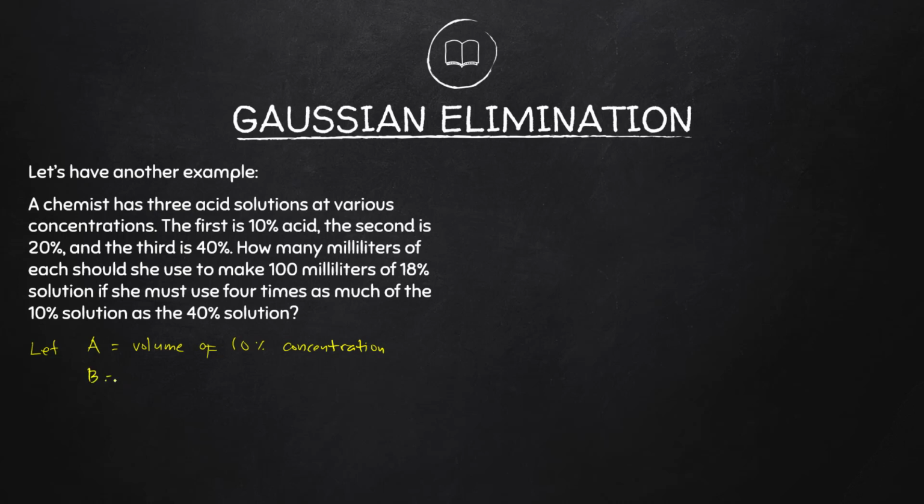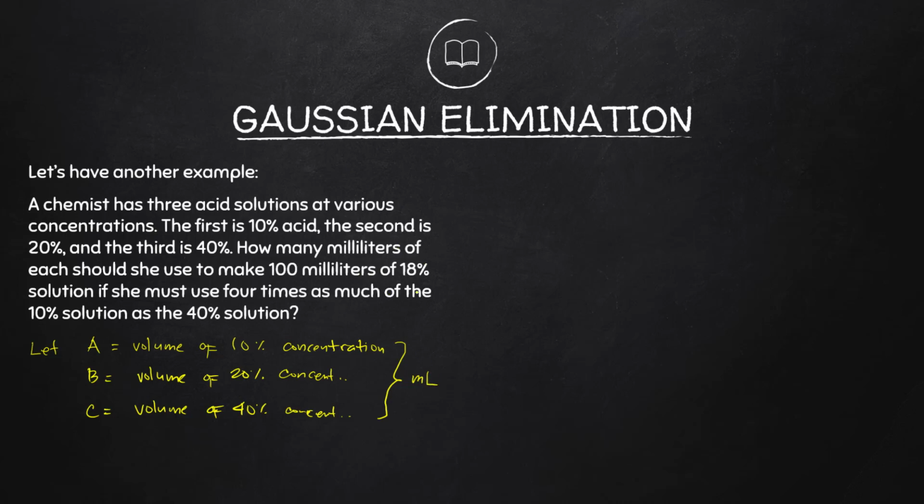B is the volume of the 20% concentrated solution. C is the volume of the 40% concentration solution. All of these values will be in milliliters or ml.